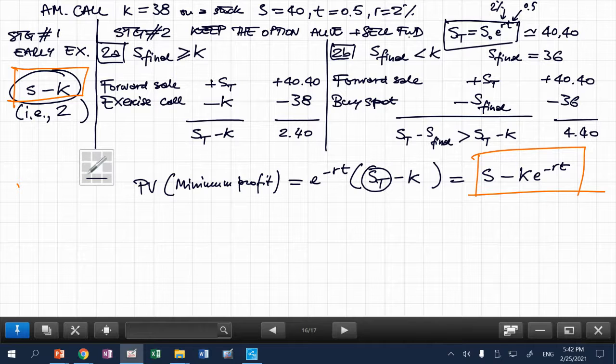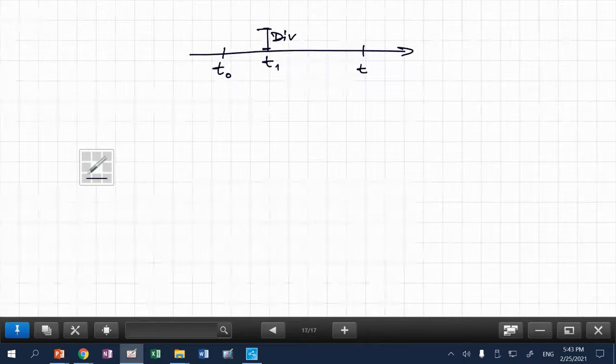But let's take again the formulas here, and let us be more refined. If you add dividends, you could rerun this example in the formula side exactly the same way, with only one difference. That is, when you get here, if you have dividends, ST is not the same. So let me jump back.